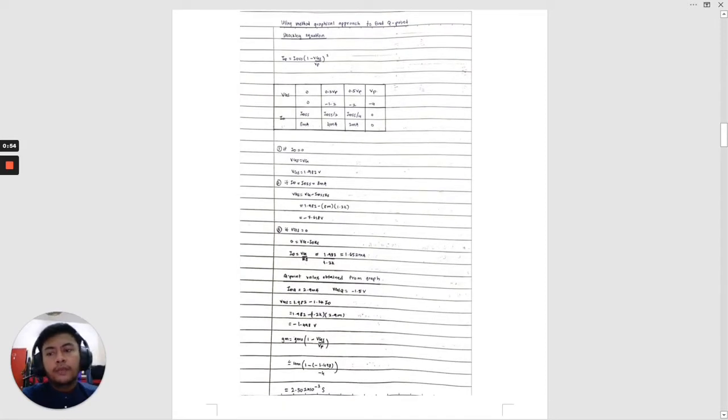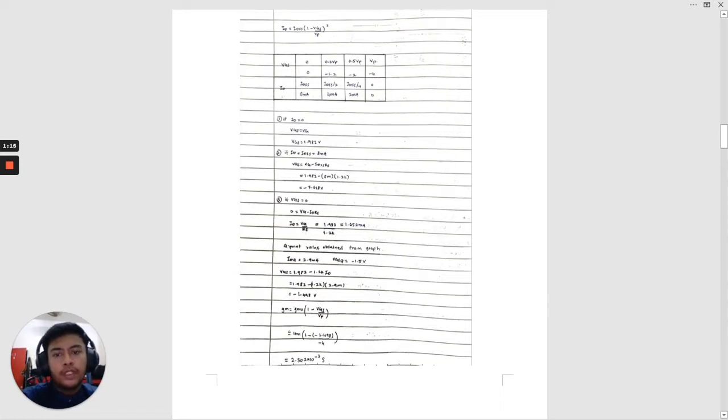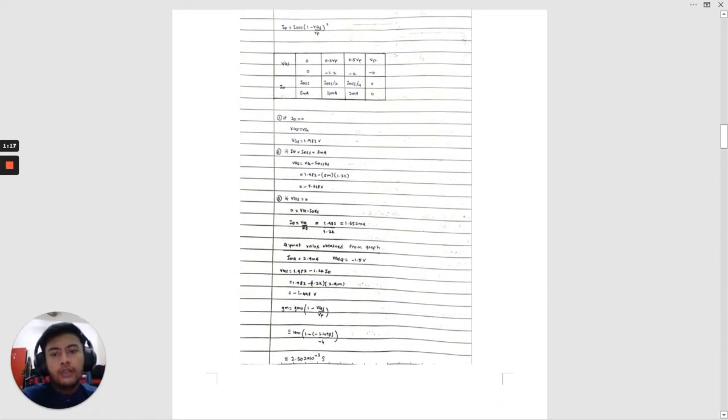So for the first assumption, ID is equal to 0, the equation of VGS is VG minus VS. In the VS equation, VS is ID RS. Since ID is equal to 0, there is no VS, so VGS is equal to VG, which is 1.982 volts.